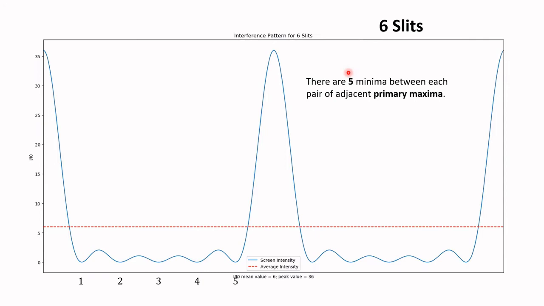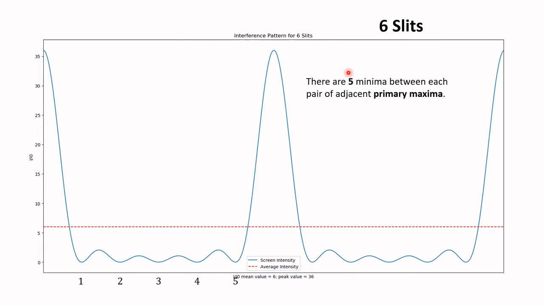For n slits, you can find 1, 2, 3, dot, dot, dot, up to n minus 1 phase differences between adjacent slits for which you get maximum destructive interference. We've already looked at the program for determining those various directions, right? The delta R is the d sine theta.